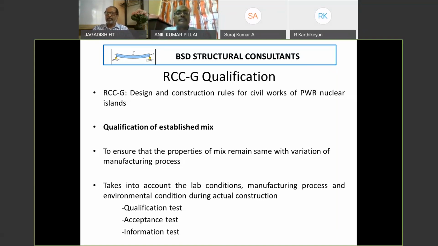Coming back to PHWR, which is Indian technology, which we have completely mastered, we are using heavy water. There's a slight difference between PWR and PHWR. When you're using a PWR, pressurized water reactor, where it is normal water, H2O, you need enriched uranium.